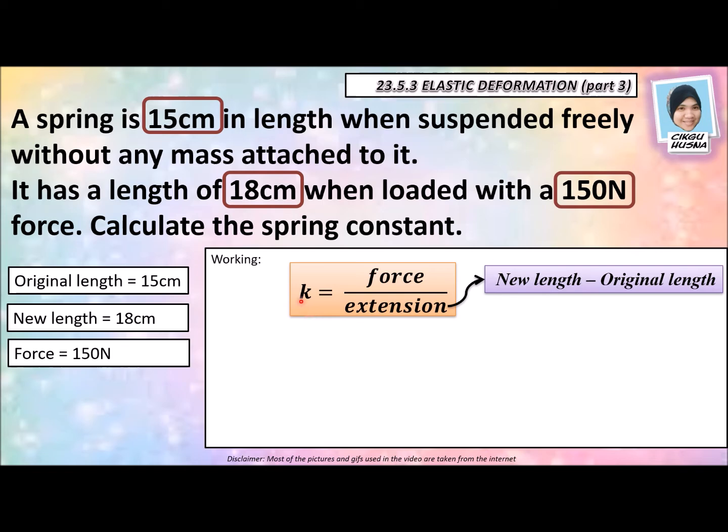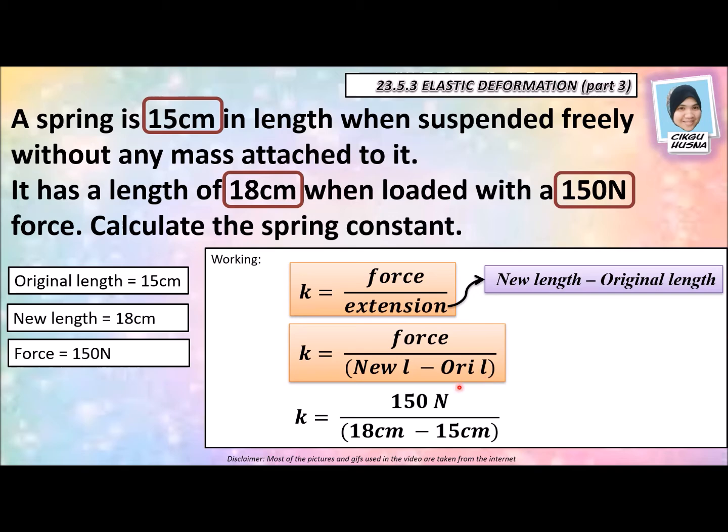So we can rewrite this formula as spring constant equal to force divided by new length minus original length. Therefore, 150 Newton force divided by 18 cm length minus 15 cm length gives us 50 Newton per centimeter.